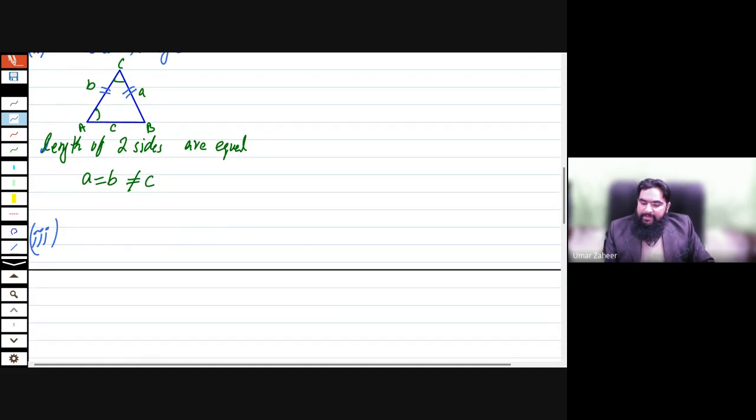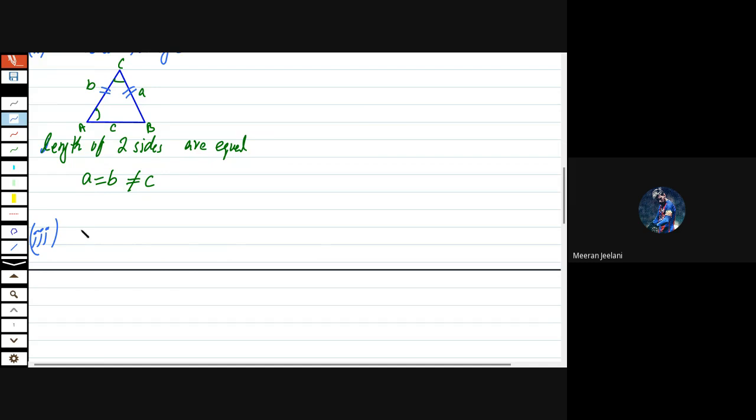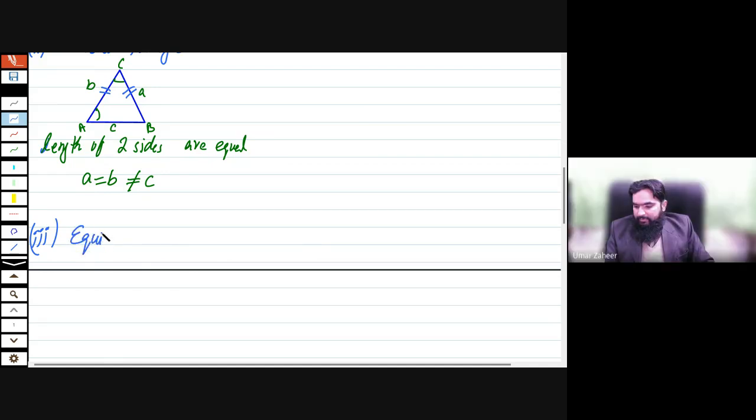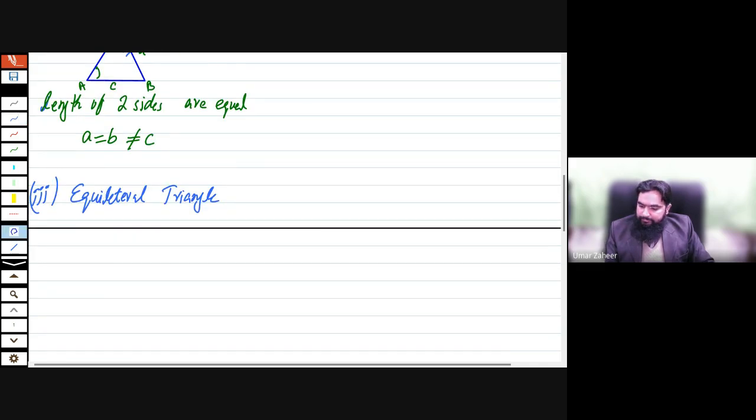Yes, Miran. Equilateral triangle. Yeah, excellent. We have equilateral triangle. Imad, can you please tell me what is equilateral triangle? Yes, Safa.